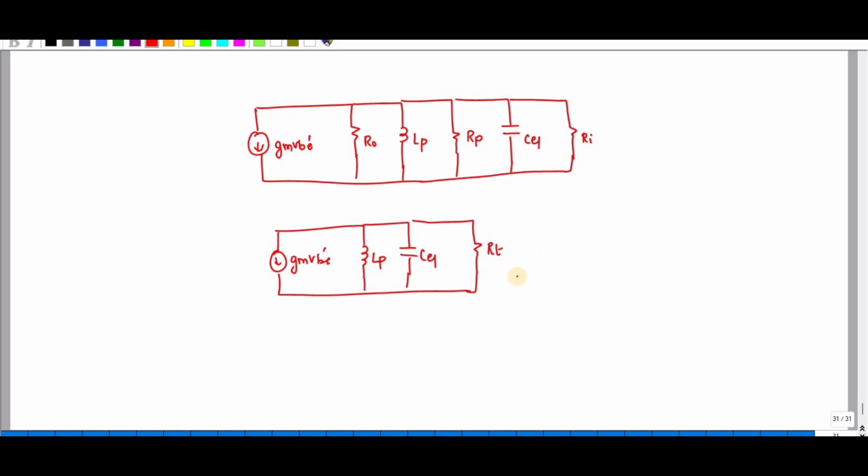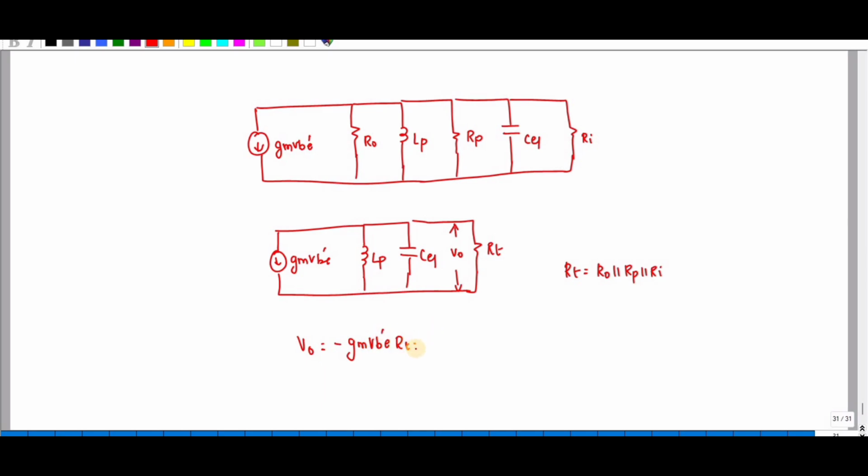So what is RT now? RT is equal to R0 in parallel with RP in parallel with RA. So what is the output voltage across this one? This is nothing but V0 is equal to minus GM, since the current is flowing in the opposite direction, GM VBE RT.